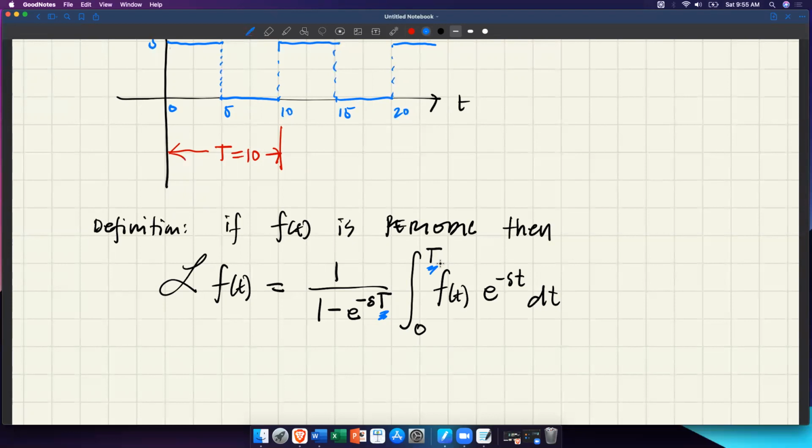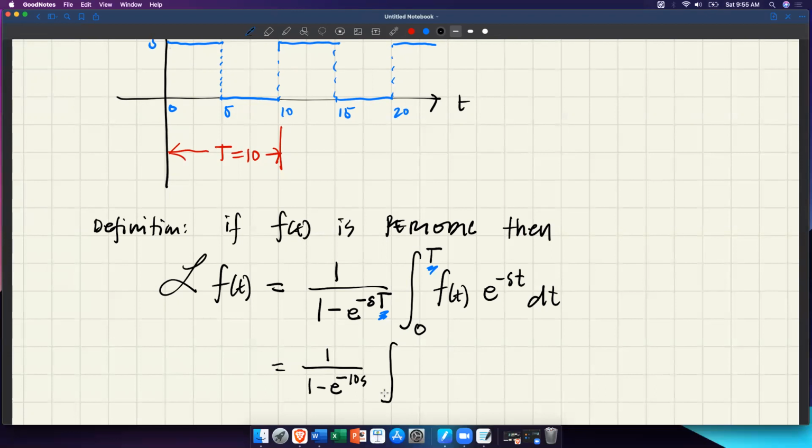Okay. Now let's take the Laplace transform. As we all know, the period is equivalent to 10, so we can just say this is 1 all over 1 minus e raised to minus 10 s, multiplied by the integral.